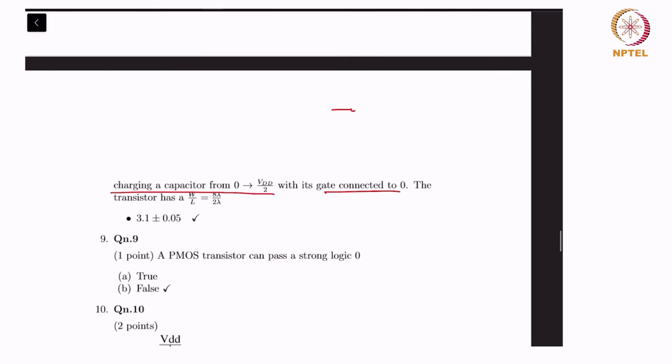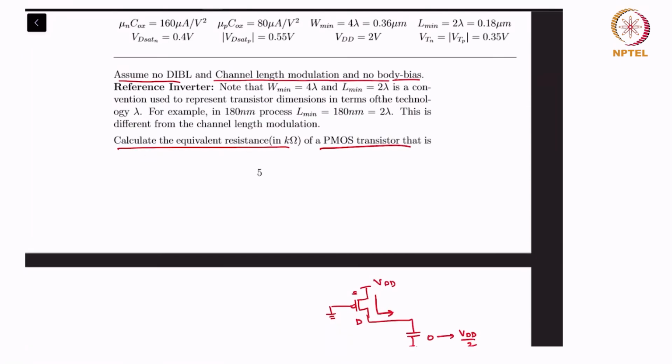That is, the setup is, we have a PMOS with its gate connected to 0, we have the supply VDD, and we have a capacitor here that's charging from 0 to VDD by 2, right? This is source and this is drain, and we are asked to find out what the equivalent resistance is.